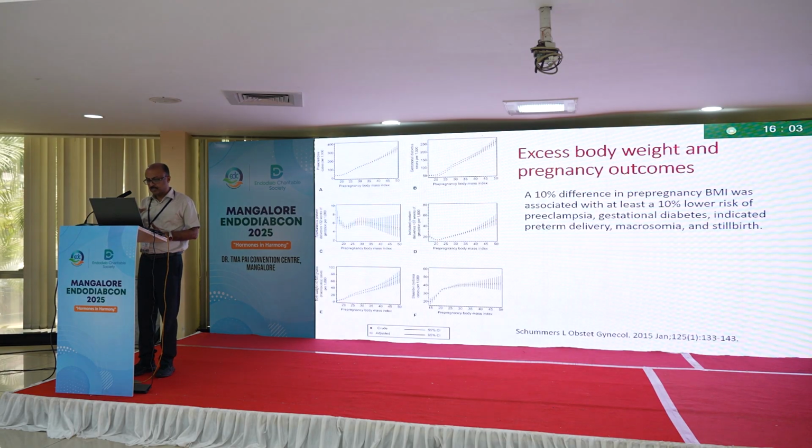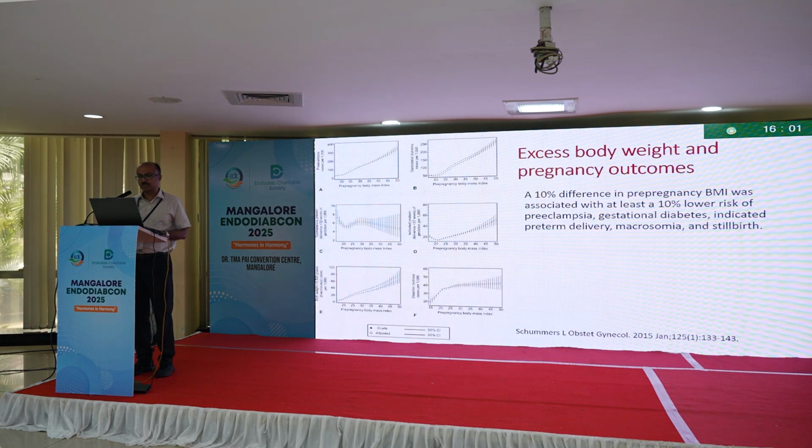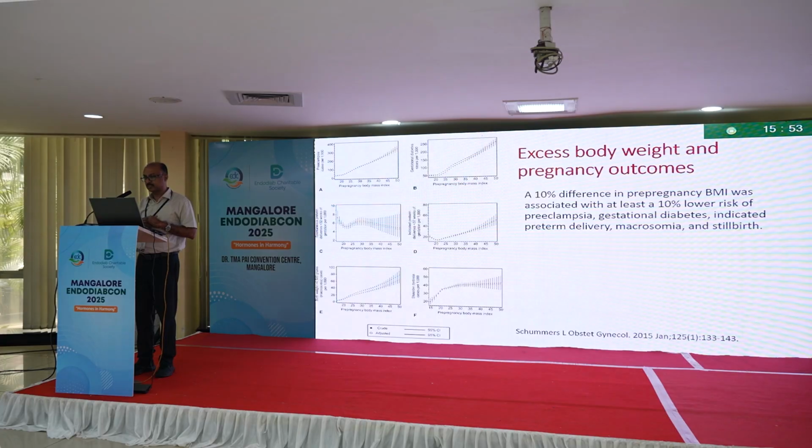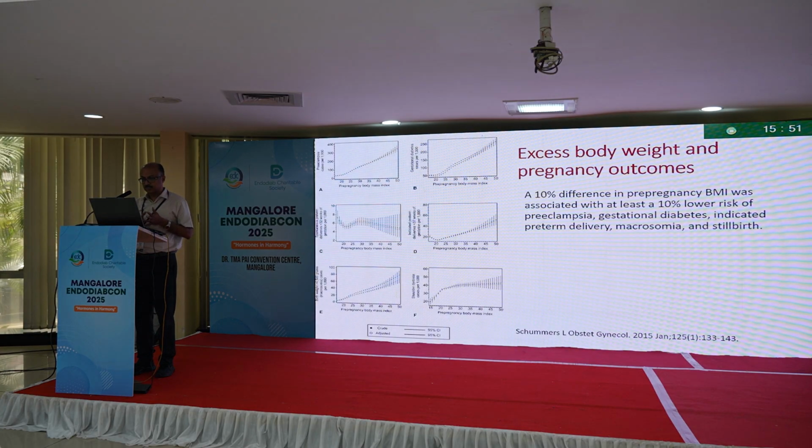This is data to show you the outcomes of pregnancy. At least a 10% difference in pre-pregnancy BMI can lead to almost a 10% reduction in preeclampsia, gestational diabetes, indicated preterm delivery, macrosomia and stillbirth.